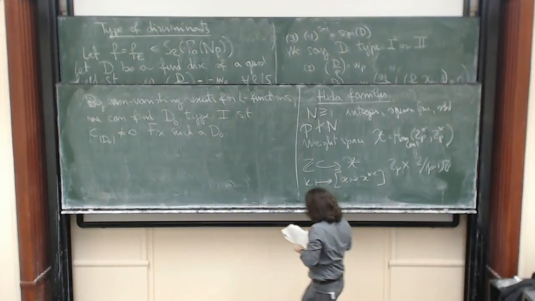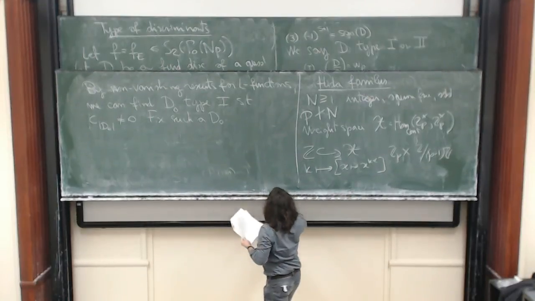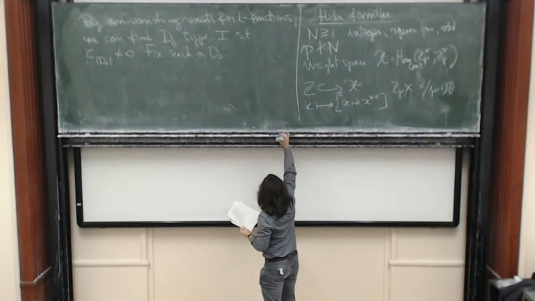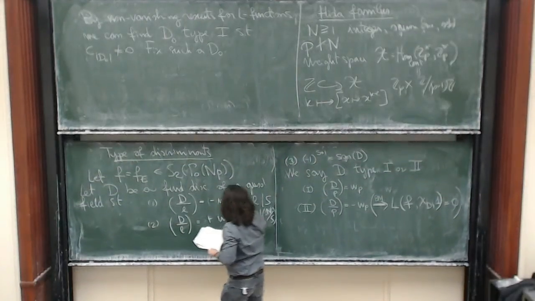So we have some integers, which will be our classical points in my weight space.